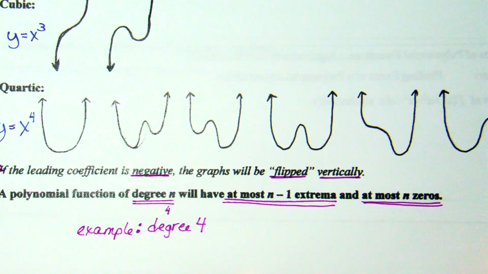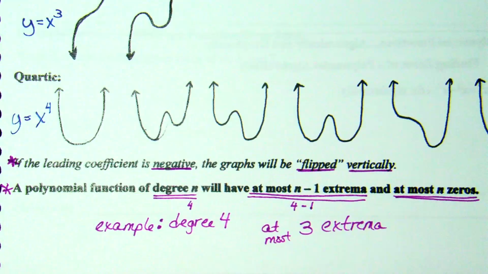I'm going to use one of our quartic graphs above to help demonstrate, because I think that's the easiest way for you guys to see. I'm going to take the one that looks most like a W, and let's pretend that the x-axis is drawn through the core of that W. Okay, so it's quartic, so that means it's degree 4, correct?